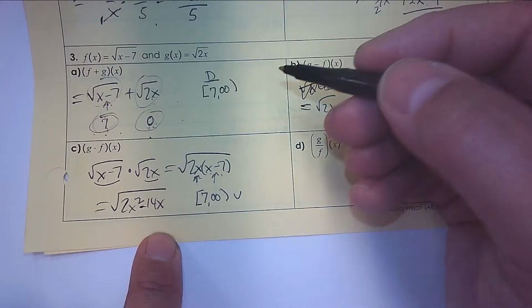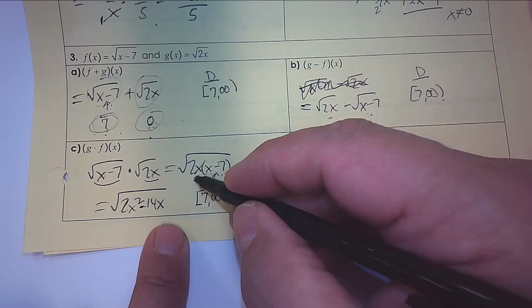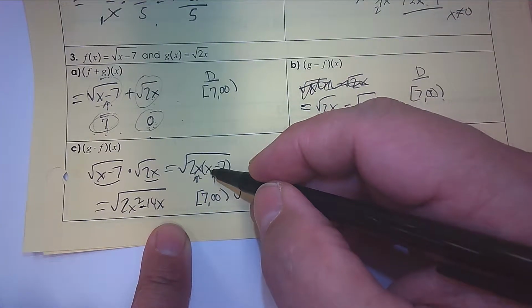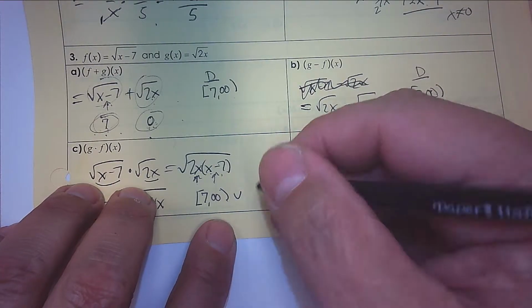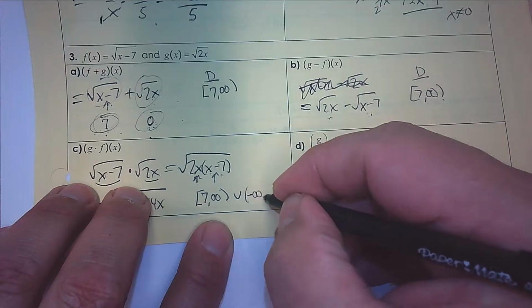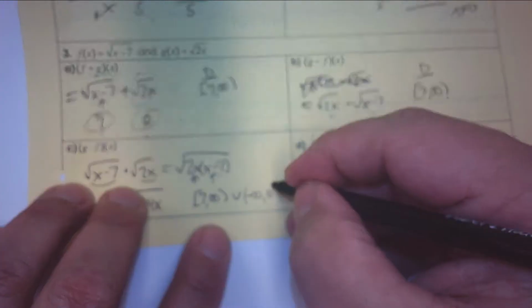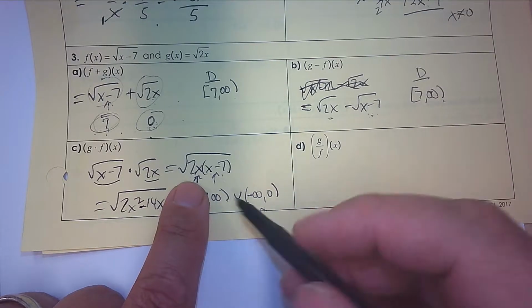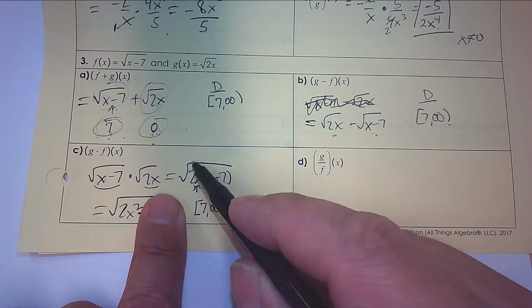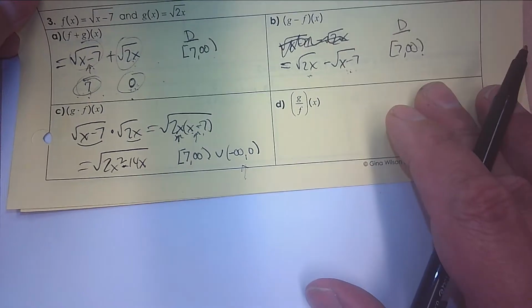Anytime I put a negative number in, it will be a negative times a negative. So that means also from negative infinity to 0, not including 0, is also included. So any negative number works because a negative times a negative would make it a positive under the square root sign. I know, a little confusing.